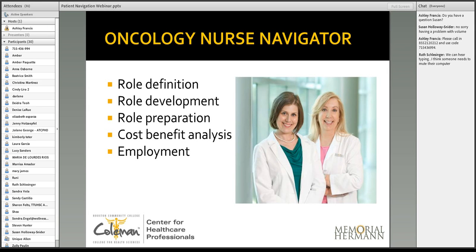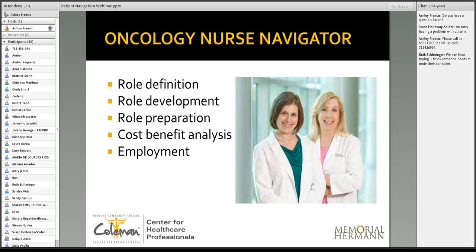Now, albeit breast cancer was really where nurse navigators first came to fruition. But now, nurses can navigate any number of cancer diagnoses, not just breast. Might be lung, might be head and neck, might be thoracic. Really, any cancer patient can be navigated.